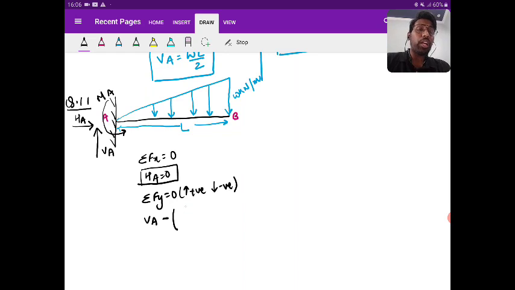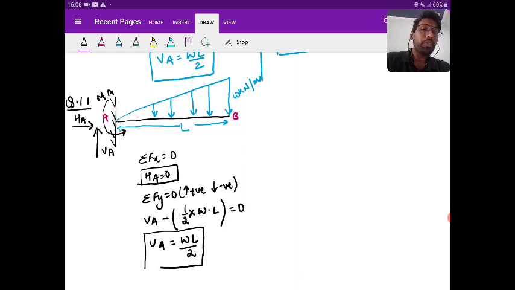What is the total downward load due to UVL? Nothing but half into W into L. This is equal to 0. So VA becomes equal to WL by 2. Now again I am taking the moment about A equal to 0.